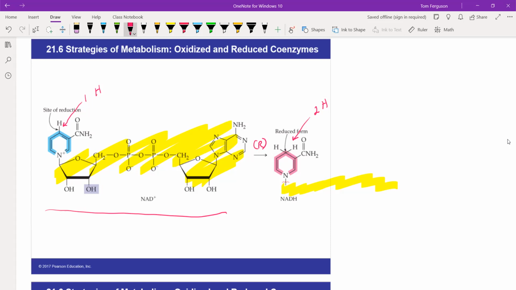And good old ribose sugar. Two phosphate esters. Ribose sugar again.